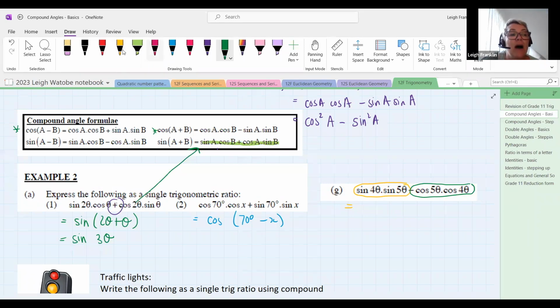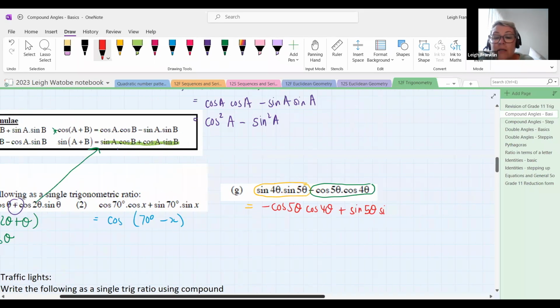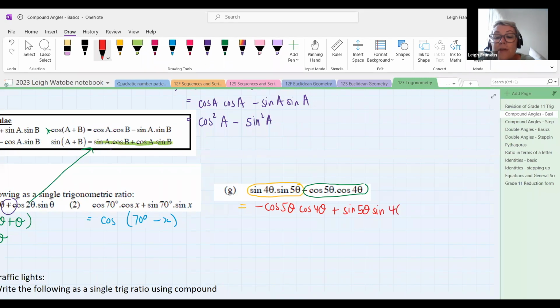So in other words, if I rewrote the terms here, I would end up with minus cos 5 theta, cos 4 theta, plus sine 4 theta. Sorry, let me rather put the 5 theta first, because that would be the right way of doing it. So sine 5 theta over there, and then sine 4 theta over there. I've just switched the order of these two around in this term.